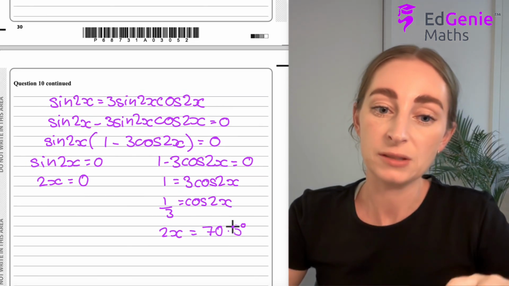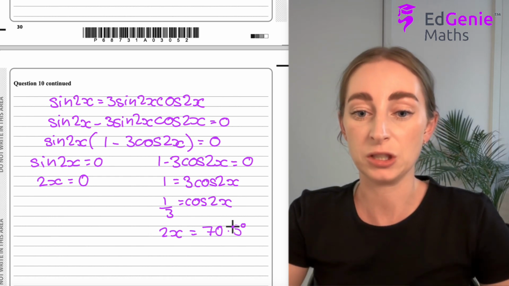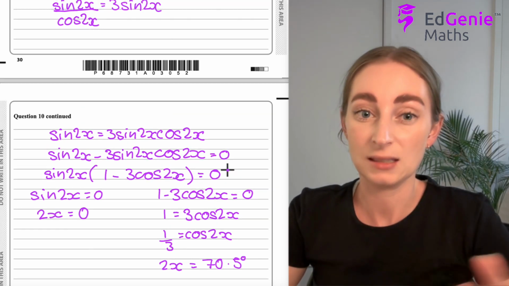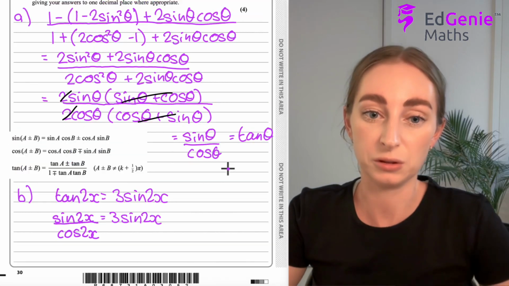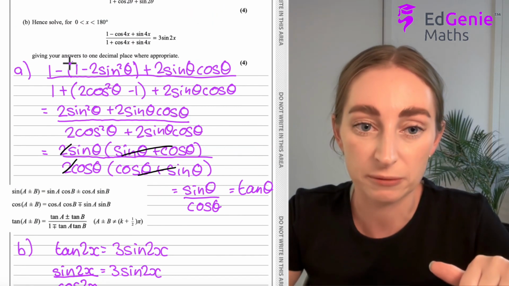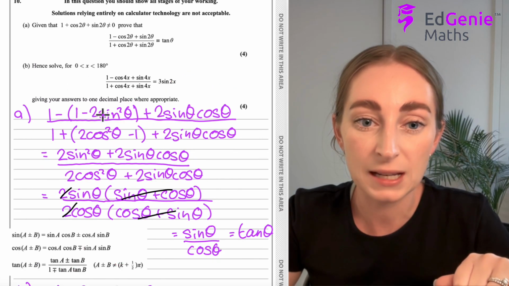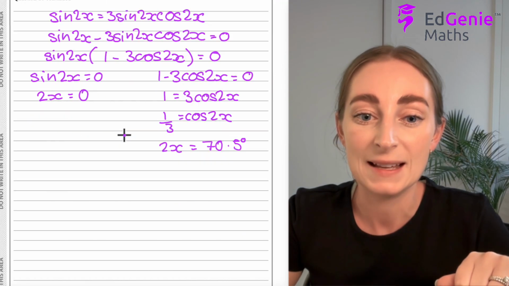What you need to do is find all of the values within the range and then you need to divide it by 2. It's really good practice to find out all the solutions before you do the calculation, because otherwise, depending on the calculation, it might not be right. Give your answers to one decimal place where appropriate, and it's between 0 and 180.